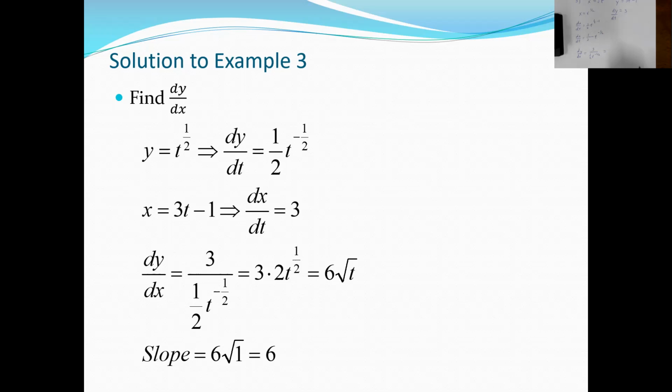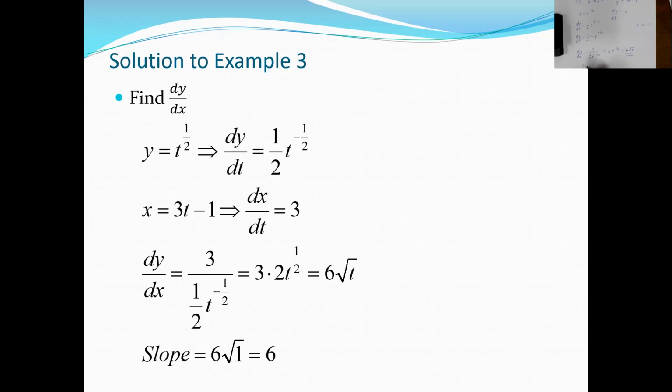And that simplifies to, recall, if you have 3 divided by half, that's actually 6, because you're literally taking 3 times the reciprocal of the bottom, which is 2, so that gives you 6. And if you move the t to the 1/2 to the top, it now is a positive exponent, and we can switch it back to a square root. So our derivative is 6 times the square root of t.